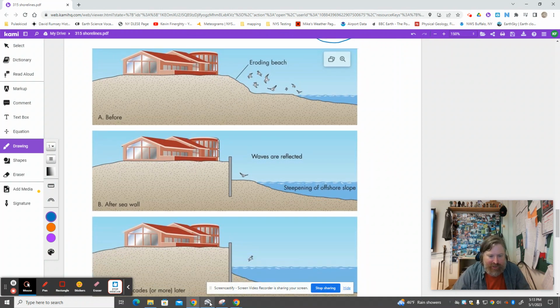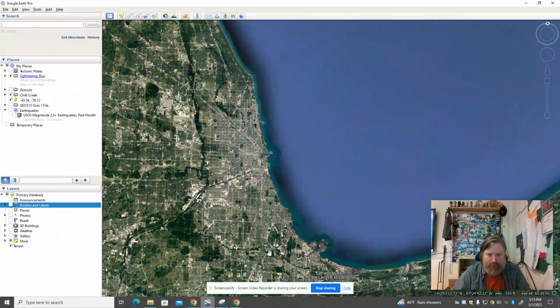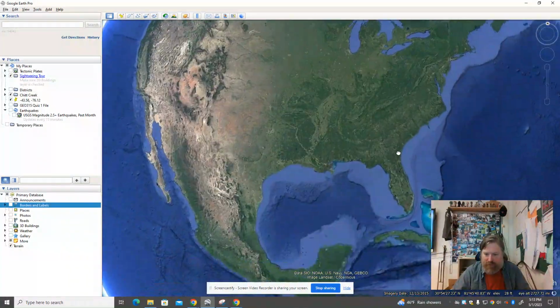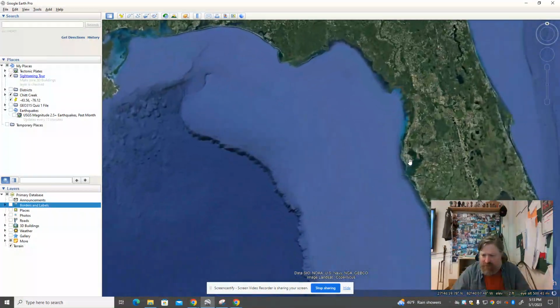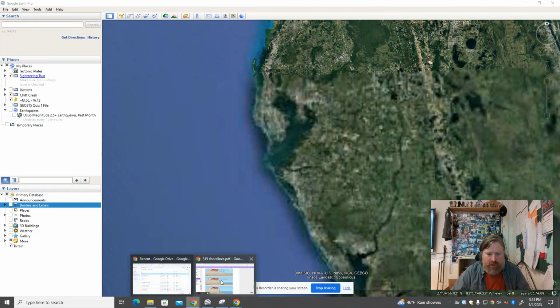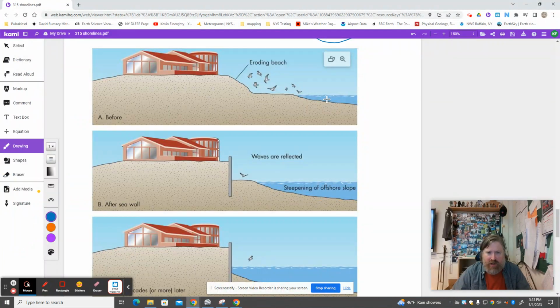So this was a thing at Sarasota Bay, and I haven't been there in years. I'm not even sure I'd be able to find it quickly. It's one of these down here. Anyway, what happens is, okay, I built my beautiful house on the beach here, and I noticed that the beach is eroding, and it's like, well, yeah, that's what beaches do.